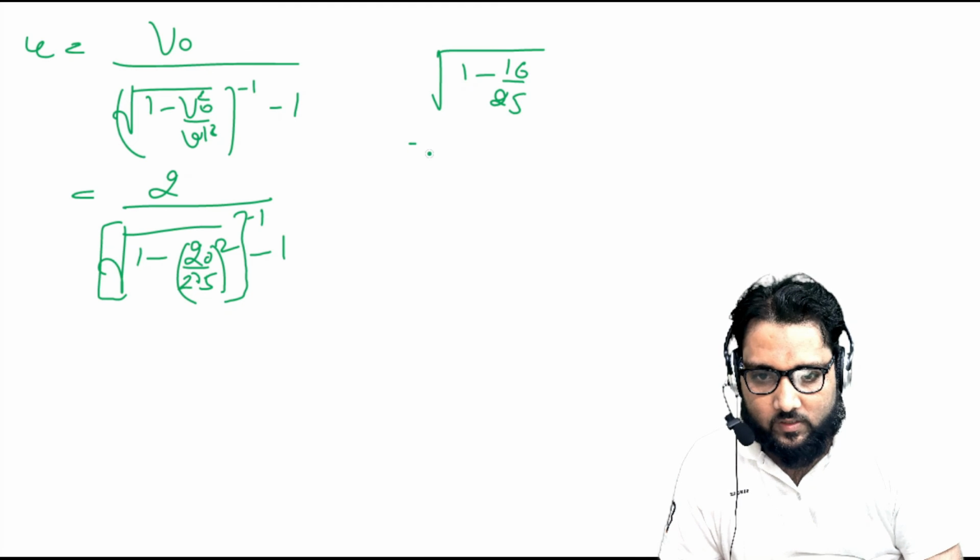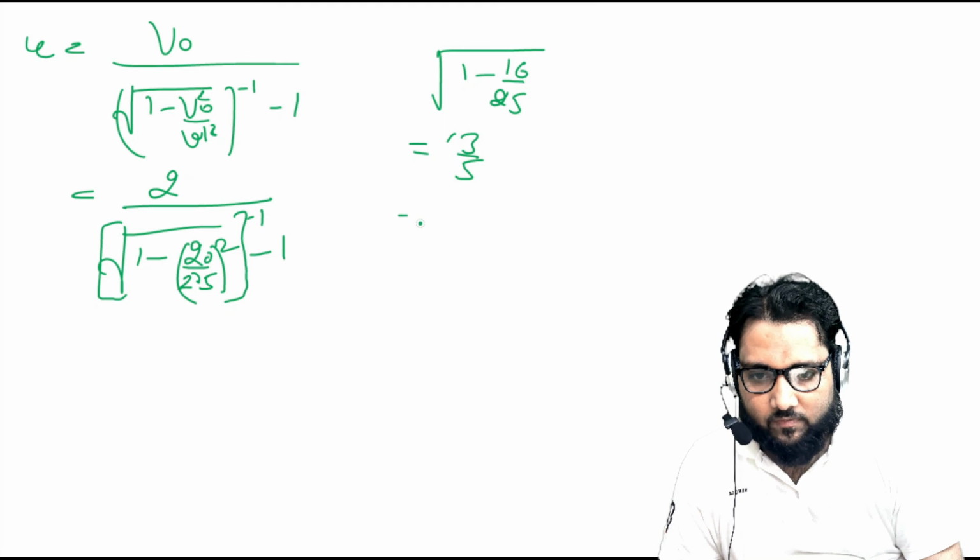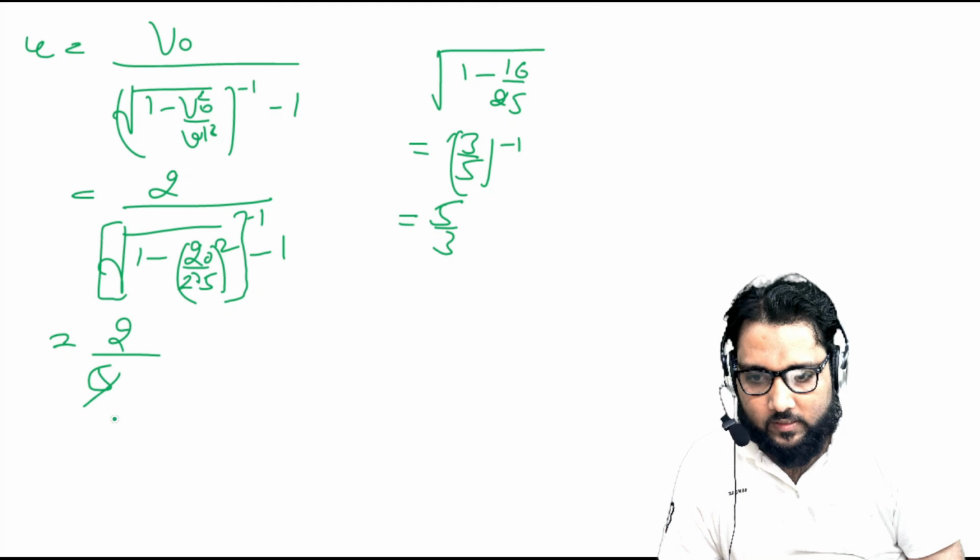Then 25 minus 16 is 9 by 25, which gives 3 by 5, and the inverse of 3 by 5 is 5 by 3. So here 2 upon 5 by 3 minus 1, and when you solve this it comes out to be 3 kilometer per hour.